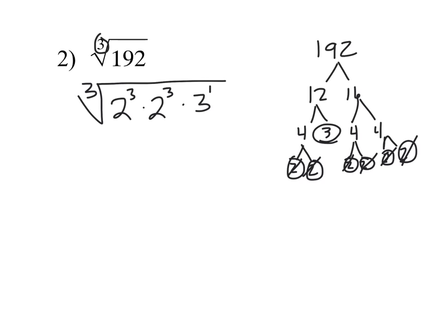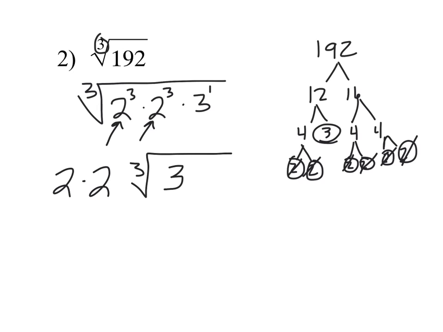So as I look at this here, again, I'm going to draw my cube root. This 2 right here is, in this case, going to be outside because he has a power of 3. This 2 right here has a power of 3. He's outside. And then this 3 is going to stay inside because he doesn't have a power of 3.